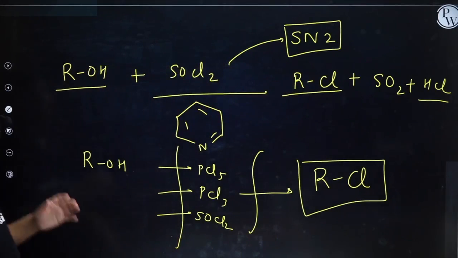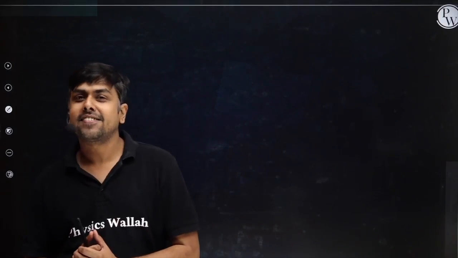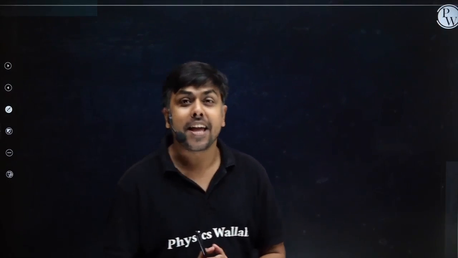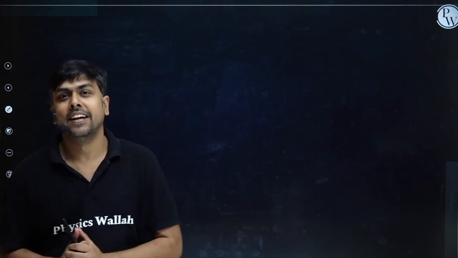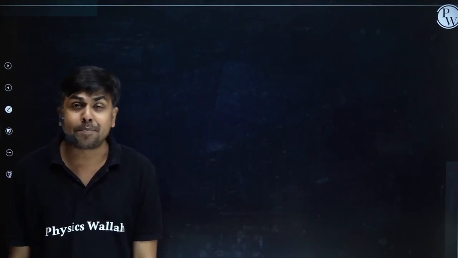Let's move ahead. Students, we can synthesize alkyl halide even from ethers. Ethers, whenever treated with HI, lead to the formation of alkyl iodide. We have studied this particular reaction in the chapter alcohol phenol ether. That was one of the most important reactions of ether.